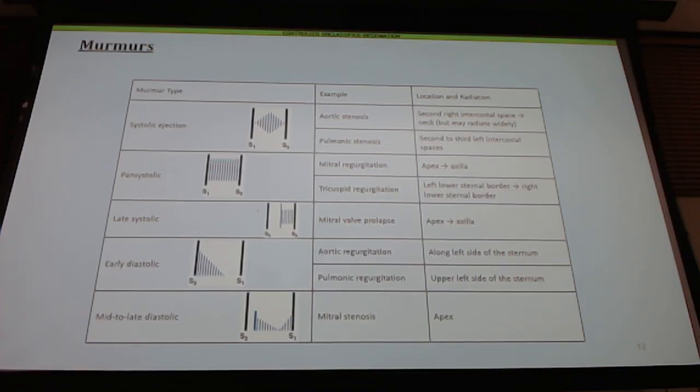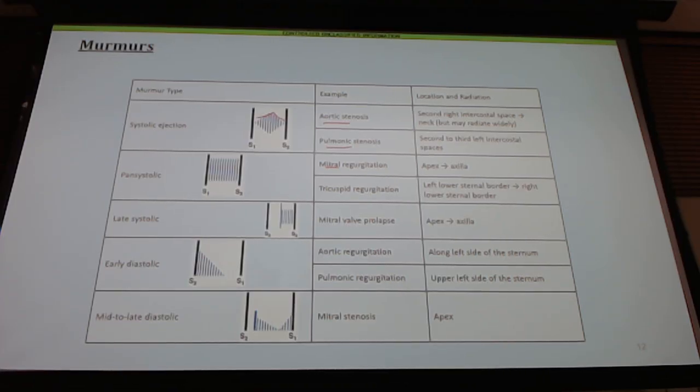Now, the other thing that we find when we auscultate cardiac murmurs is there is typically a typical configuration that goes along with these murmurs, where if you have an aortic stenosis or a pulmonic stenosis murmur, they tend to have this crescendo-decrescendo pattern.